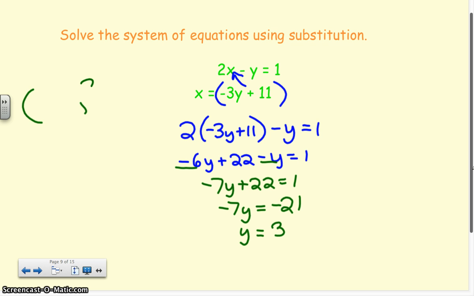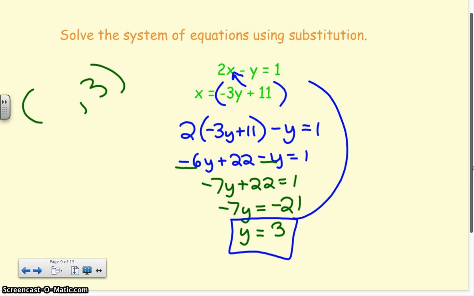Halfway there. Now I need to find my x. This y gets put right back where I started. So x is equal to negative 3 times y plus 11. Negative 9 plus 11, positive 2. So my point of intersection of these two lines is 2, 3.